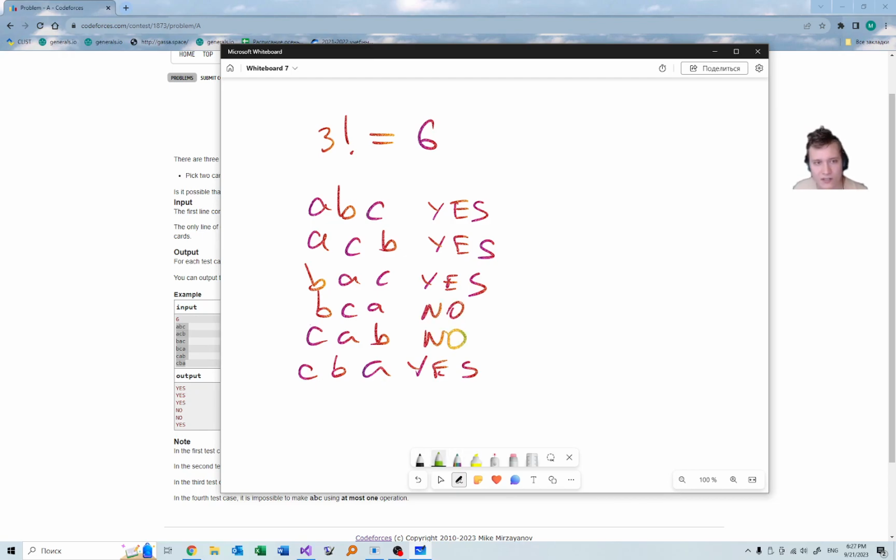What I did is I checked if there is at least one letter which is on the same place as it needs to be.